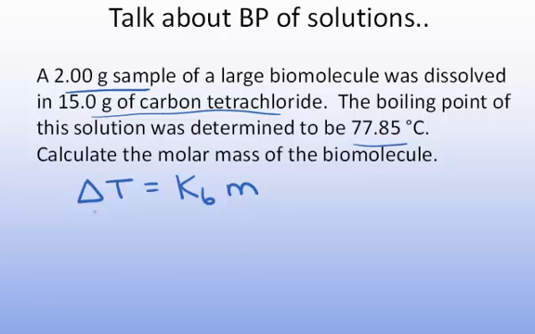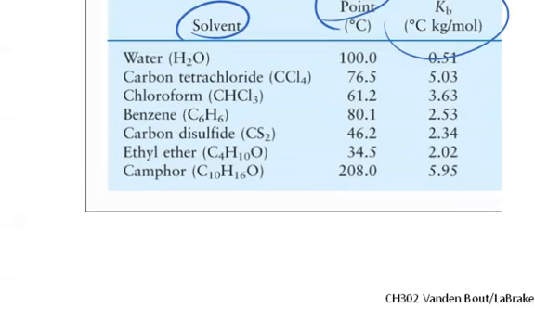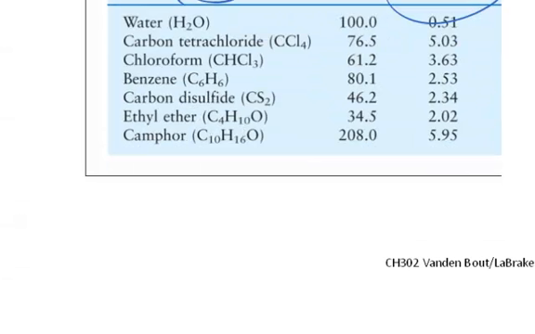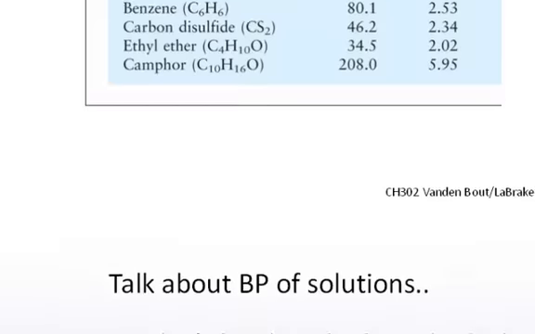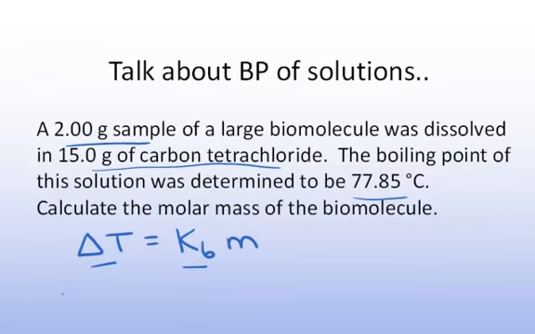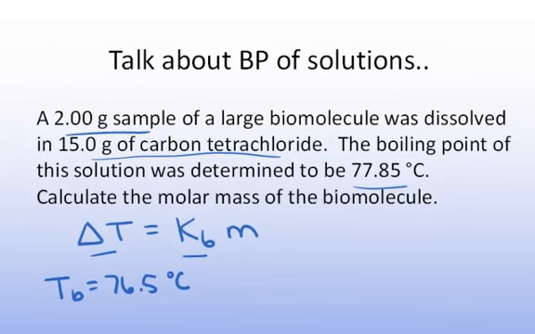So all we have to do is determine what the change in temperature is, the constant, and then calculate the molality. That information is given in the previous table. The normal boiling point for carbon tetrachloride is 76.5 degrees Celsius.